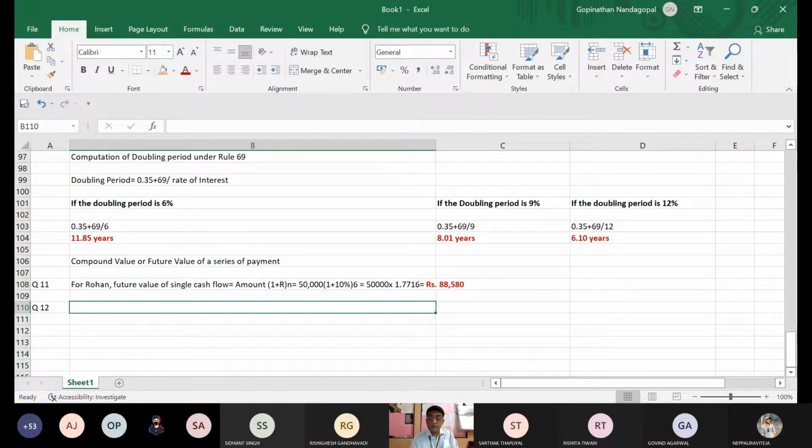1 plus 8%, yeah, 8%. Number of years is 4, minus 1, divided by R. R is nothing but 8%. Tell me how much you get this?